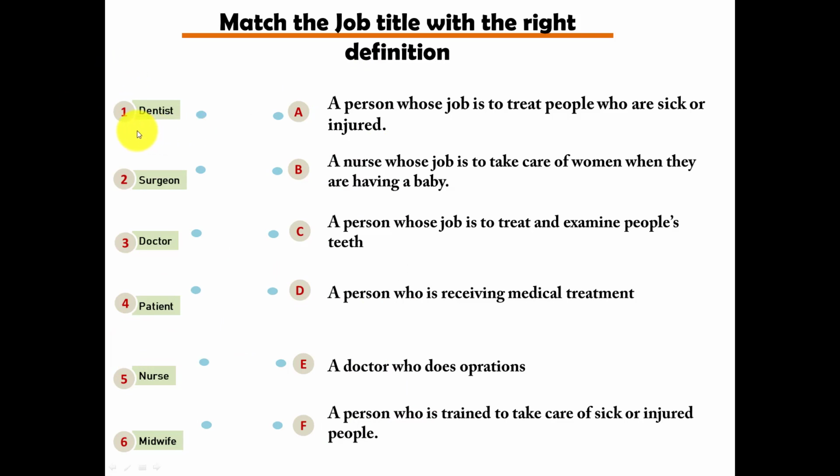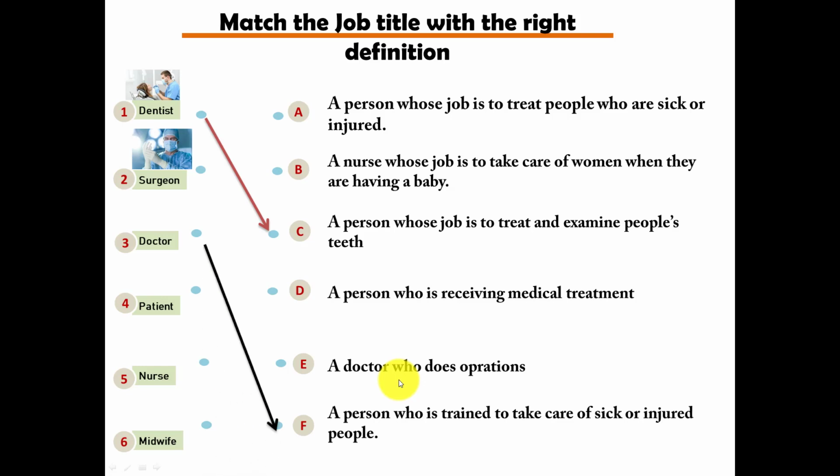Great. So number 1, a dentist. A dentist is a person whose job is to treat and examine people's teeth. 2, a surgeon. A surgeon is a doctor who does operations. Well done. 3, a doctor.